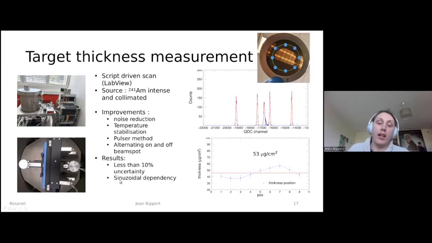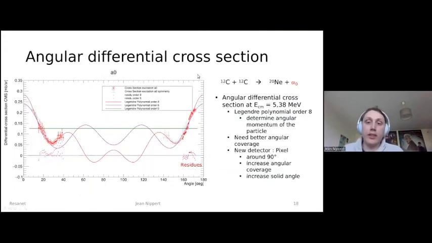The result is that we have less than 10% uncertainty on the thickness of the target, and we also observed a sinusoidal dependency of the thickness of the target. Basically, that means that we have a linear variation of the thickness through the diameter, but this doesn't really affect our measurements because we are using those targets rotating. Okay, so now let's see a bit of results.